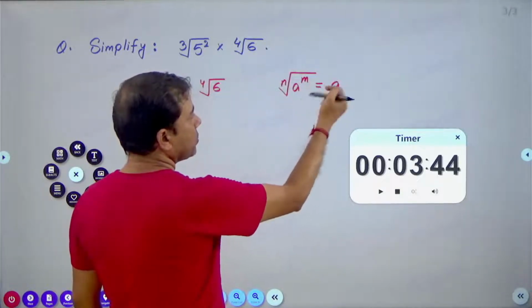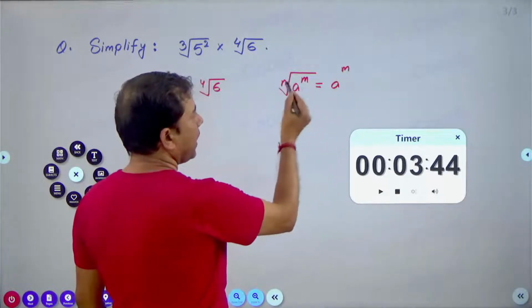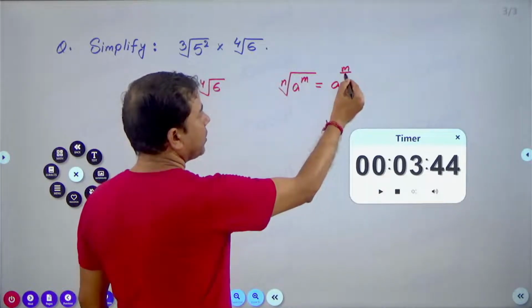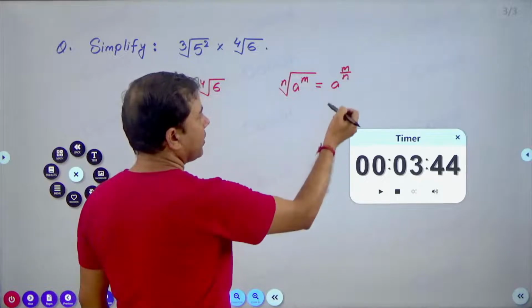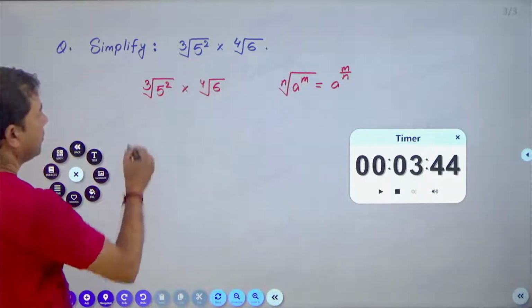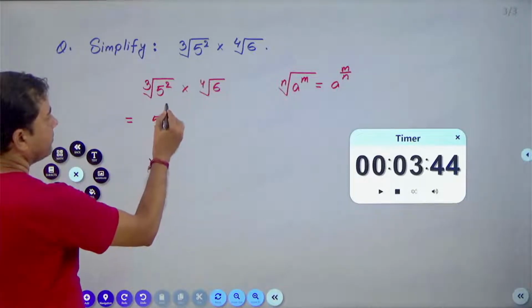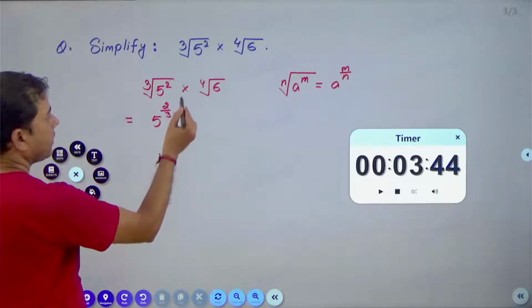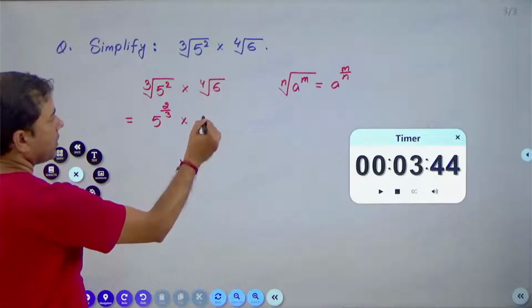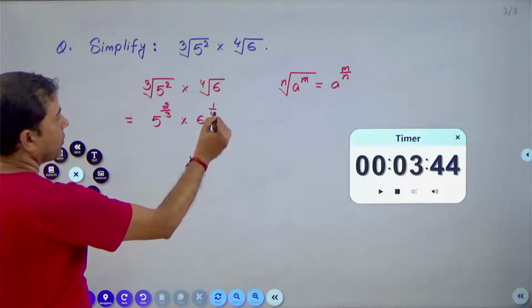This power goes to the numerator and this number goes to the denominator of the power. So it is 5 raised to the power 2 by 3, and this is 6 raised to the power 1 by 4.